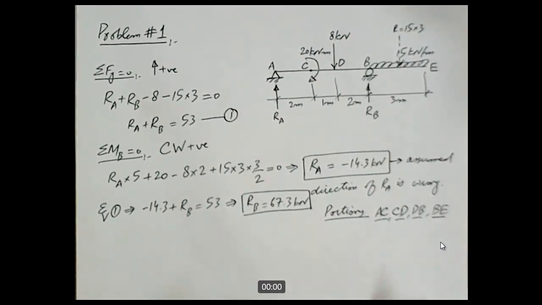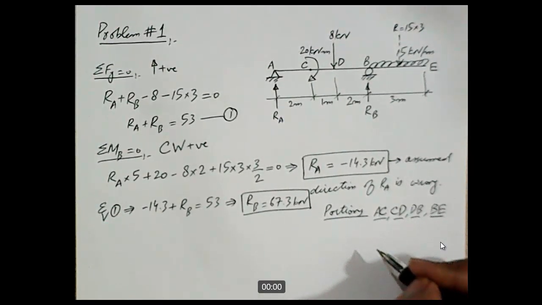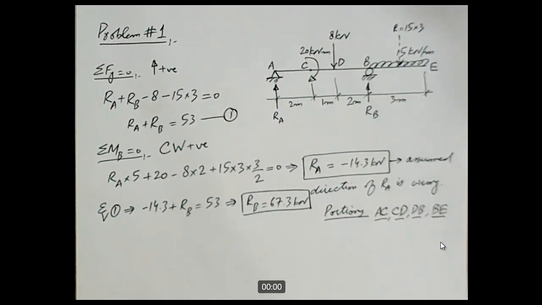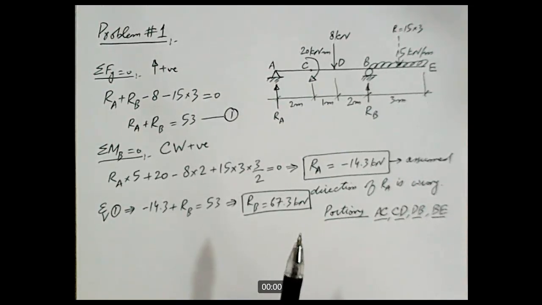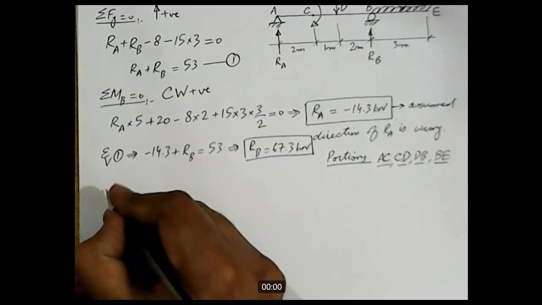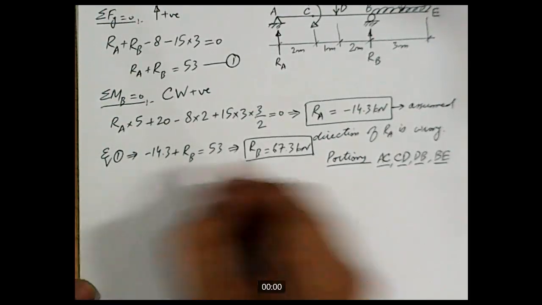Okay, so we have divided the beam into portions. Now we will consider all these portions one by one, and we will draw the free body diagram of each portion and write down the equations of shear and bending moment. So let's proceed. Let's consider portion AC first.